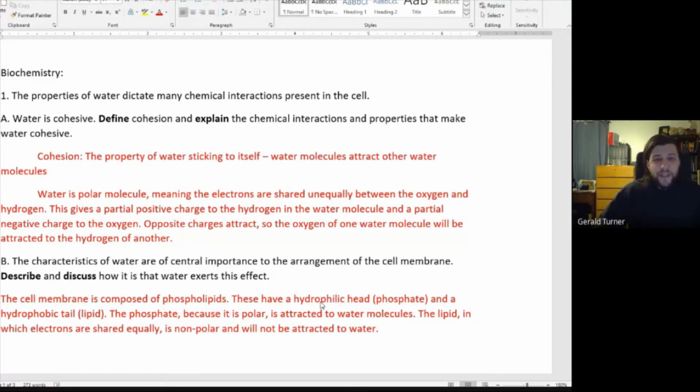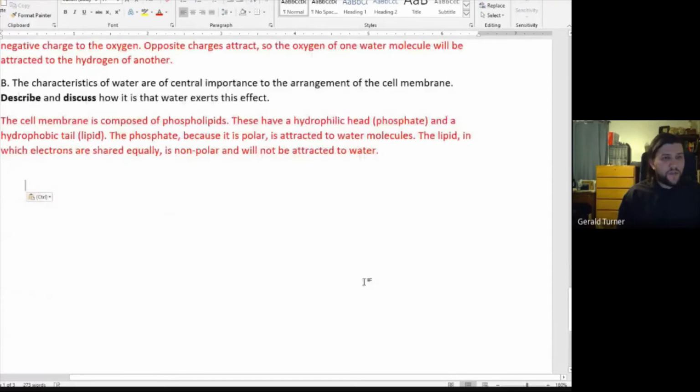So basically with this one, and I'm going to see if I can pull up an image of that. Because the heads are hydrophilic, they are going to be going towards the water, and that is going to put them on the outside of what's essentially a phospholipid sandwich here.